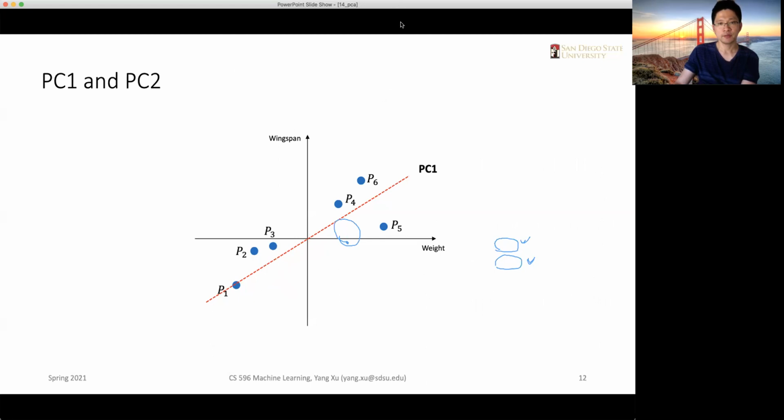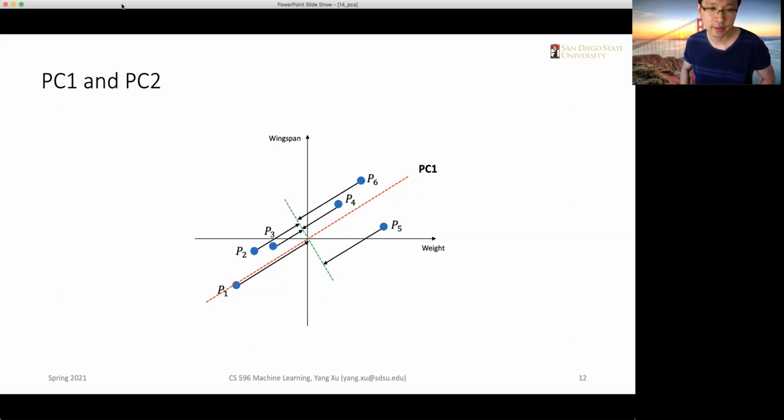Given PC1, we can easily find the second principal component. The second principal component should be orthogonal, or perpendicular, to the first one, because we want the two dimensions to be independent of each other. So the green dashed line direction is our PC2.